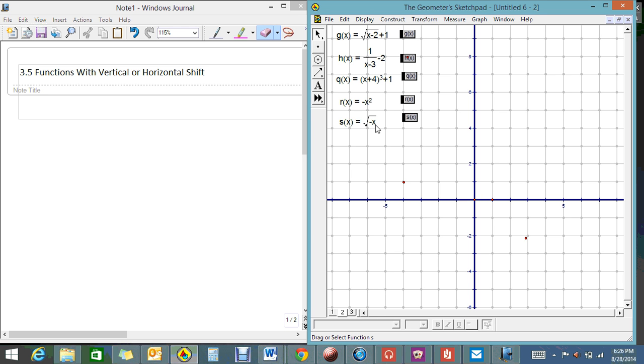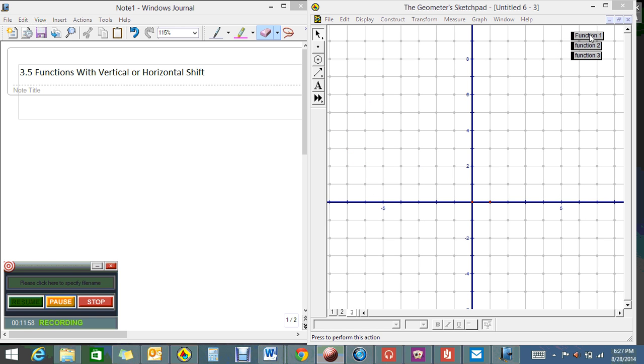In other words, if I plug in 2 for x, then I'm really getting negative 2, so that's not even in the domain. If I plug in negative 2 for x, then I'm getting square root of positive 2. So it flips it over the y-axis. So if we put a negative in front, it flips it over the x-axis. If we put a negative inside with the x, it flips it over the y-axis.